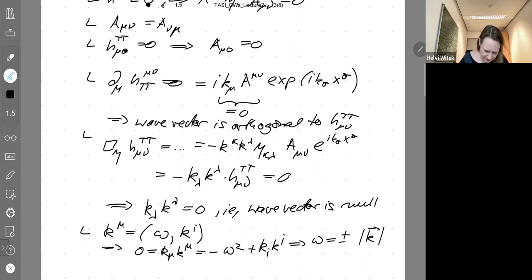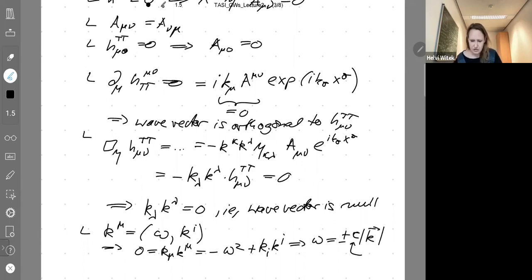Here we would have, again, the speed of light if we reintroduced it. And that is the dispersion relation for a wave that, at least far away, propagates at the speed of light.